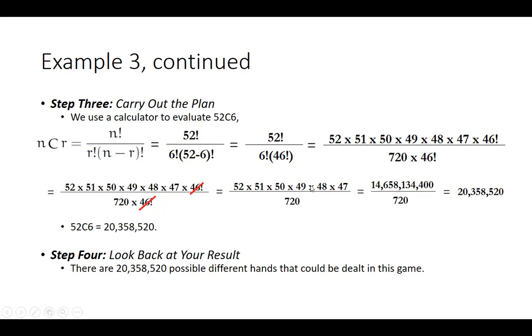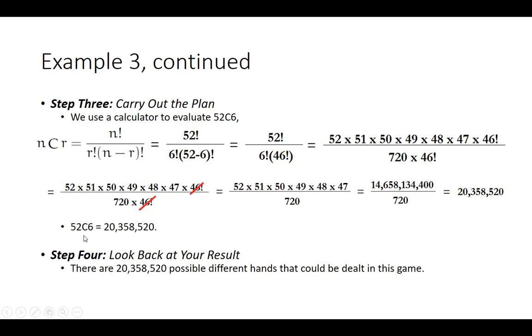Now you're going to want to use a calculator for this piece. The 52 times 51 all the way to times 47 gives us 14,658,134,400 divided by 720, which is 20,358,520.